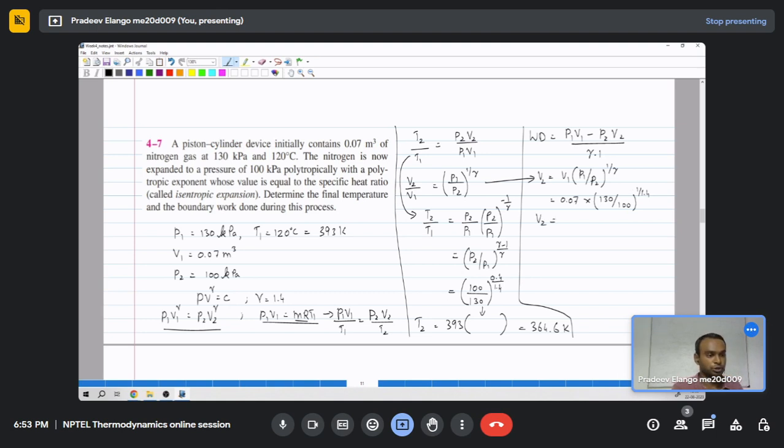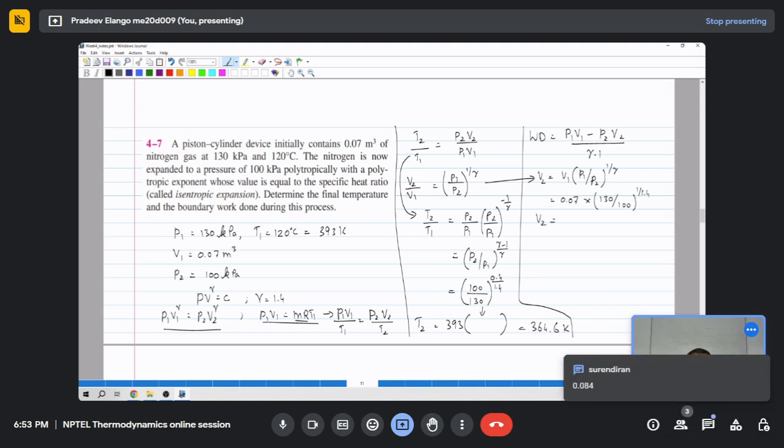Can you find the value of V2? Yes, 0.084 meters cube.